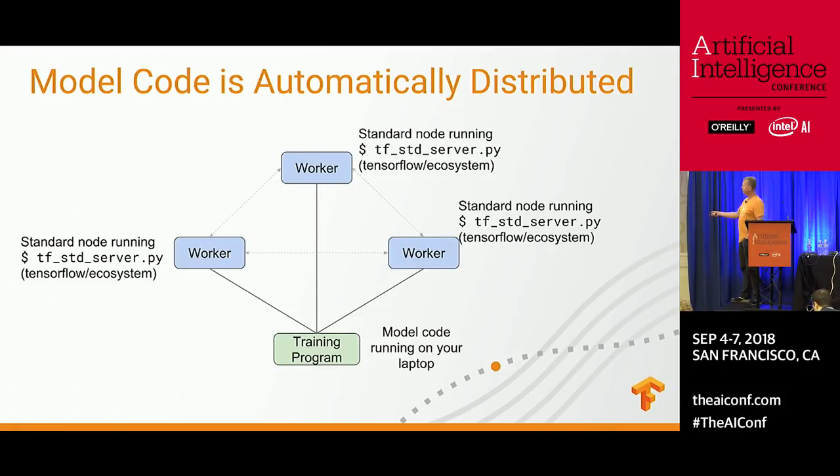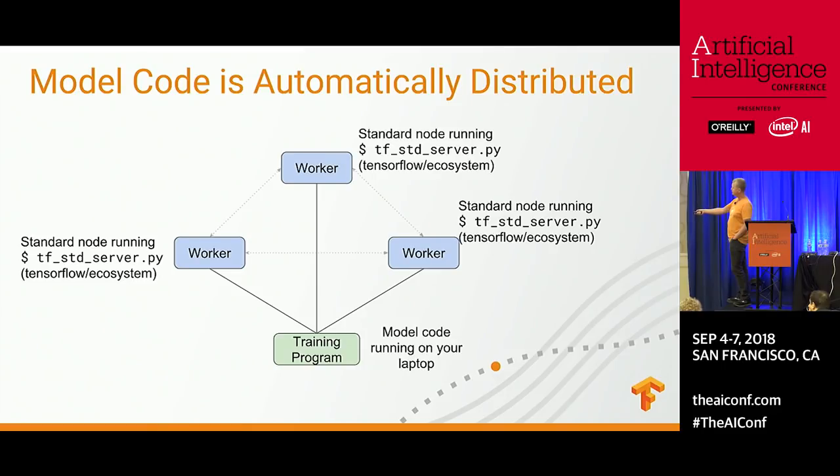And forget about parameter server. Now we're back to multiple workers and all-reduce here. The only thing you fire up on these workers is the tf_std_server.py or whatever variant of that you want to use, because this code is available also in the TensorFlow ecosystem repository. So you can go check it out, how we did it for this normal setup, and you can change it to whatever way you want.